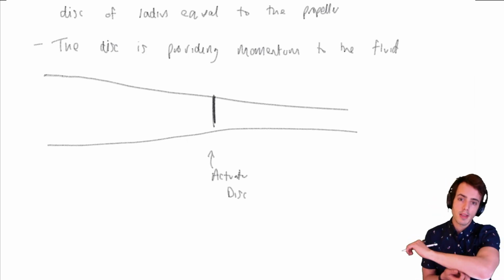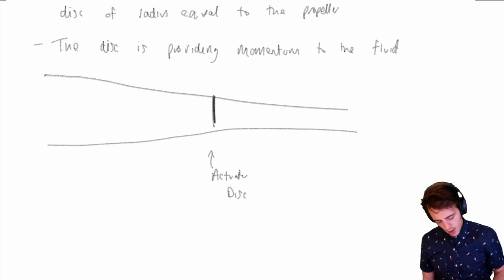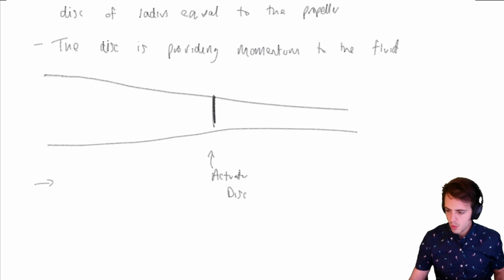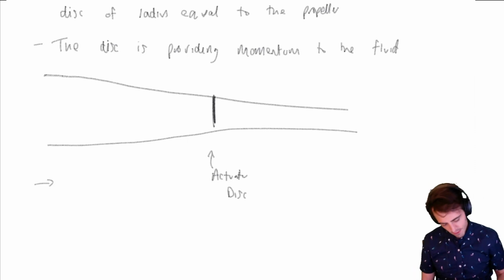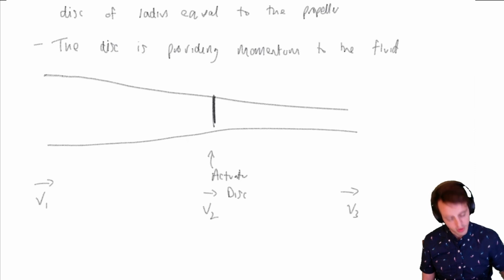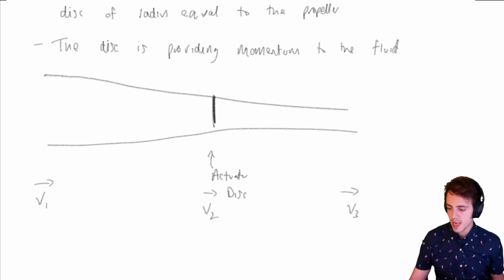We've got an actuator disc in the center. Far upstream, the velocity is just the free stream, which we'll call V1. We've got the velocity at the disc, which we'll call V2, and the velocity far downstream, which we'll call V3.